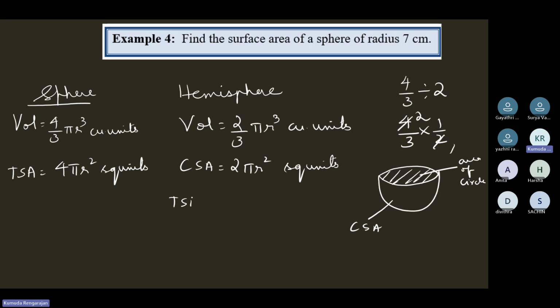Total surface area is equal to the curved surface area 2 pi r square plus the area of the circle pi r square, which is 3 pi r square units. That is the CSA plus the area of the circle.